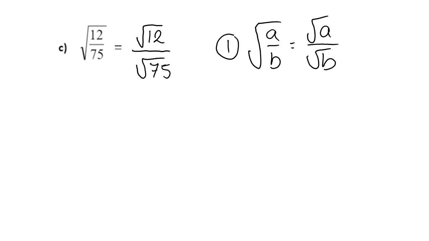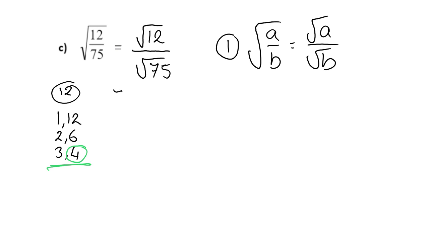So if we look at the factors of 12, in the first instance we've got 1 and 12, 2 and 6, and 3 and 4. Hopefully you'll recognize now that we've got 3 and 4, and that gives us a square root of 4. Okay, so that would be the factors of 12.